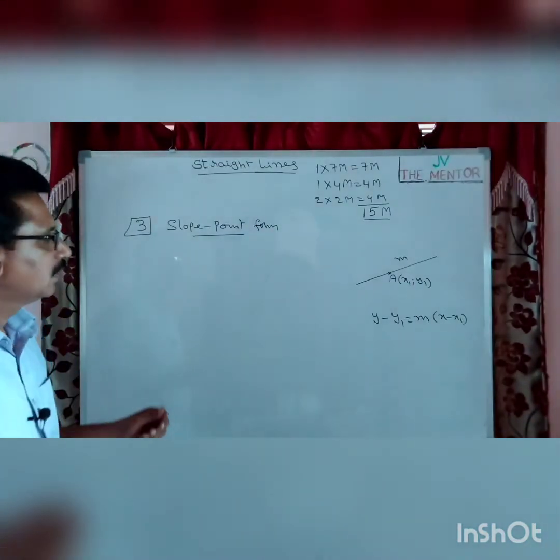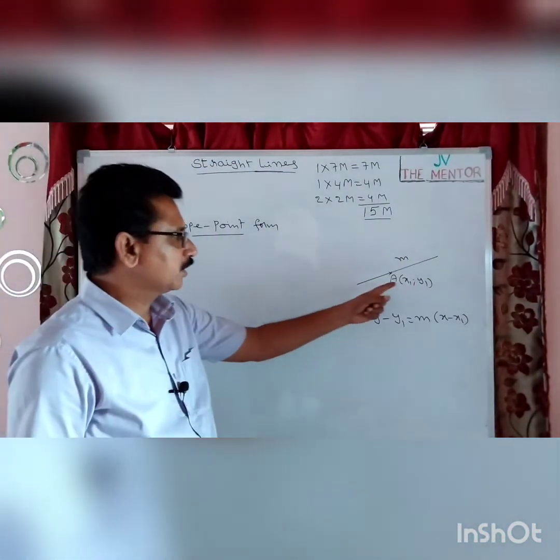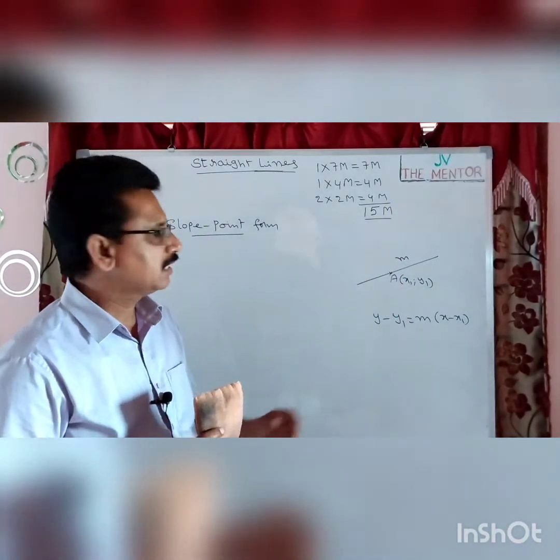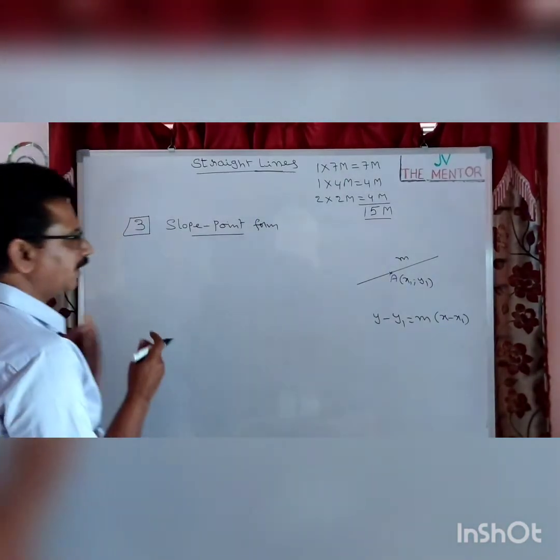The equation of the straight line passing through the point (x1, y1) and having the slope m is y minus y1 equal to m into x minus x1. Okay now?